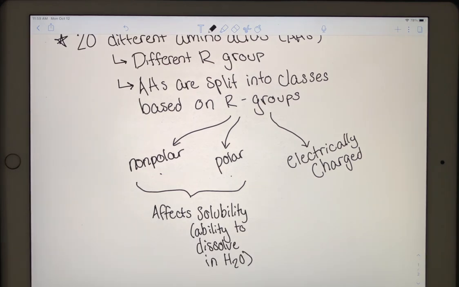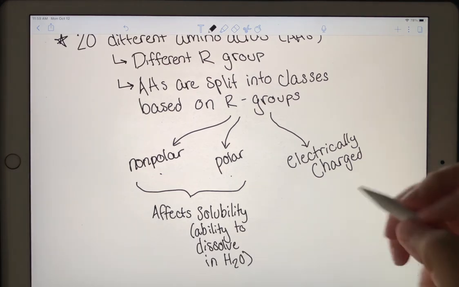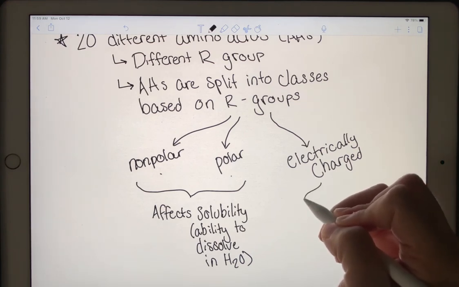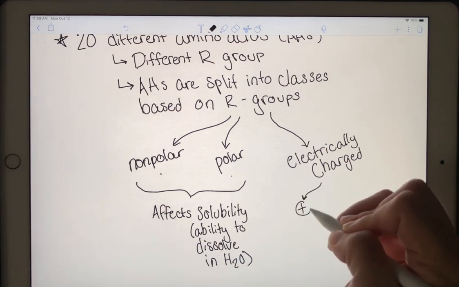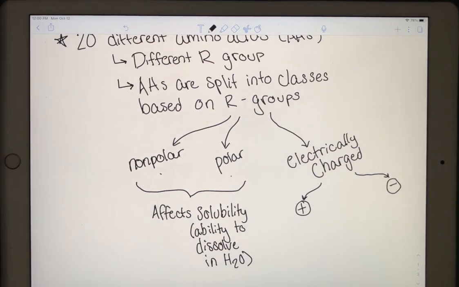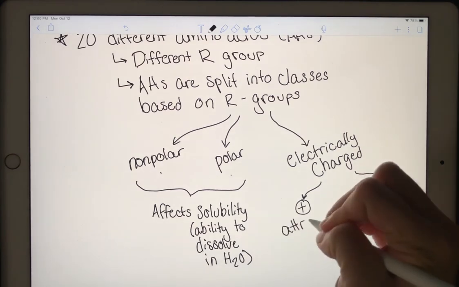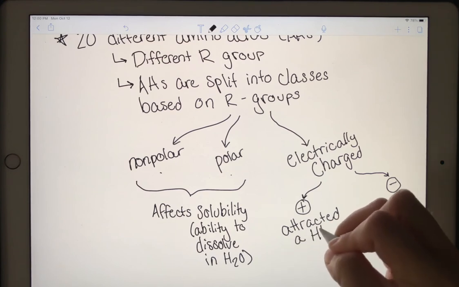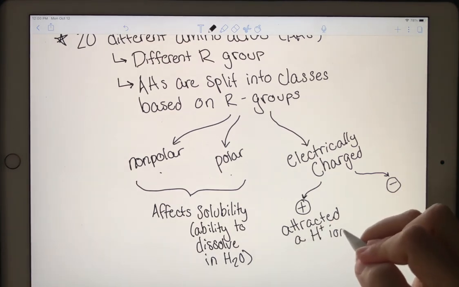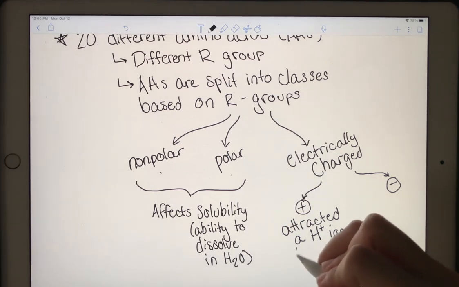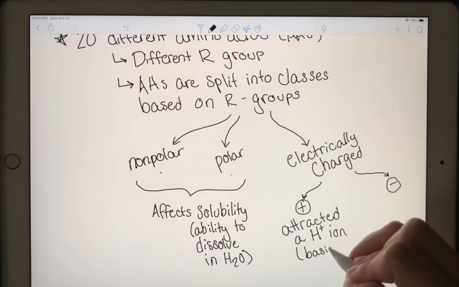And then if it's electrically charged, what that means is that you may have positively charged and you may have negatively charged R groups. If an R group is positively charged, it most likely attracted a hydrogen ion, so a positively charged hydrogen, and therefore is basic as far as pH goes.